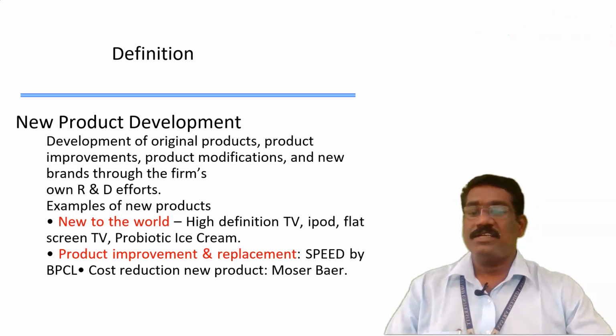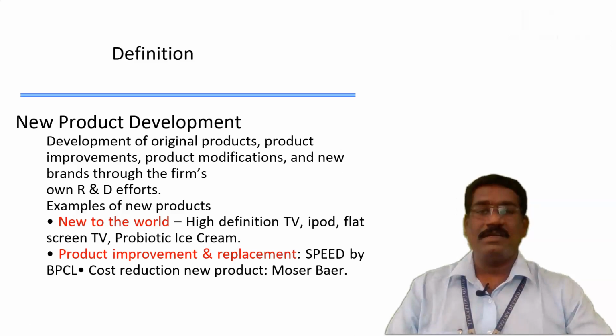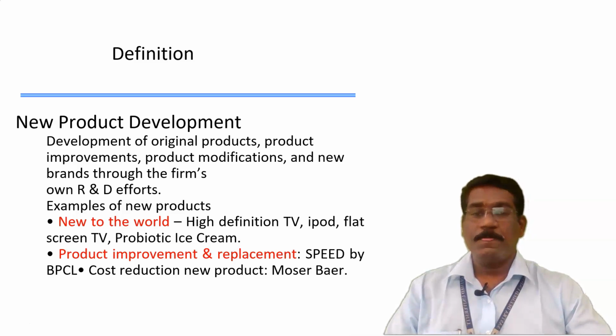Let us discuss some examples of new product development. One great example is the high definition TV, which we are currently using, and also the iPod, the flat screen TV, and the probiotic ice cream, and whatnot. There are many more new products we are witnessing in our day-to-day life.